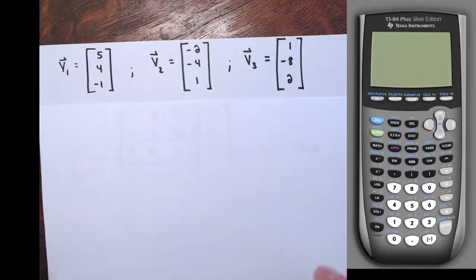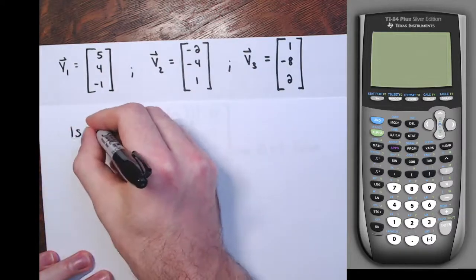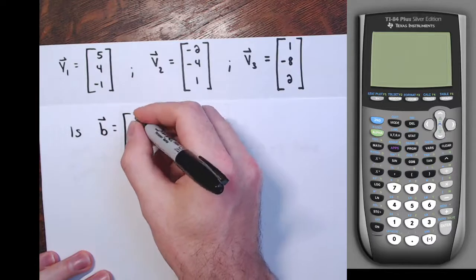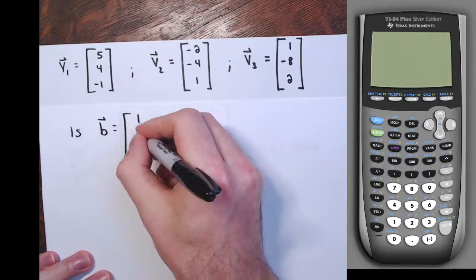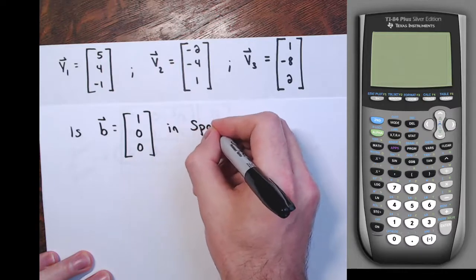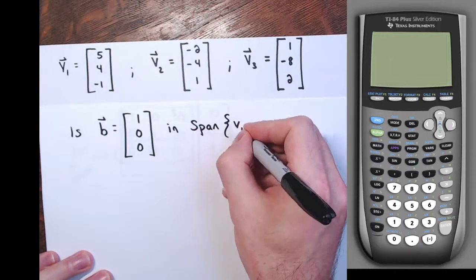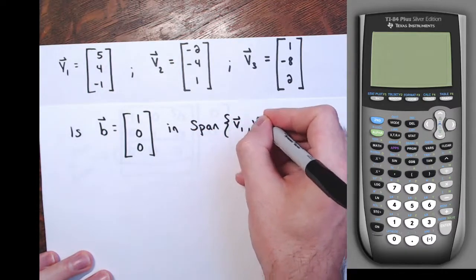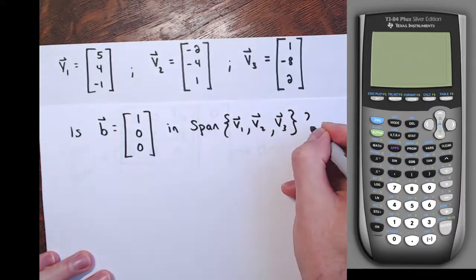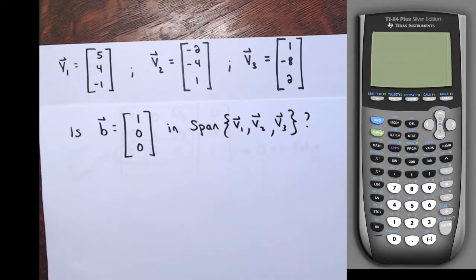But now the question is, is b equal to 1, 0, 0 in the span of those 3 vectors? Is it a linear combination of these 3? Now the last one wasn't, but this one might be. All right, so I still have to check.